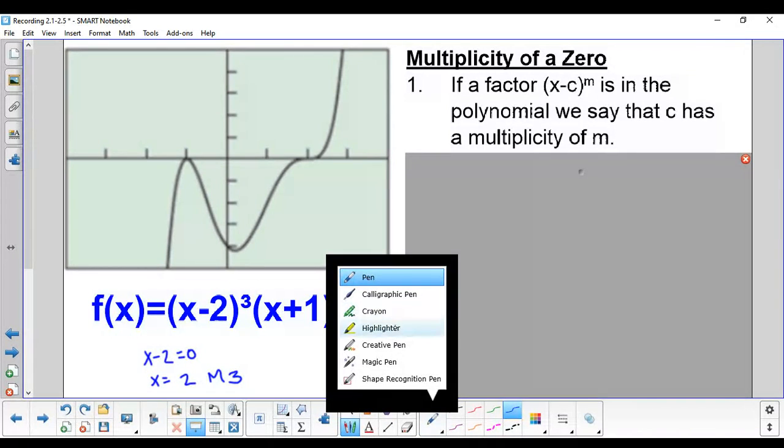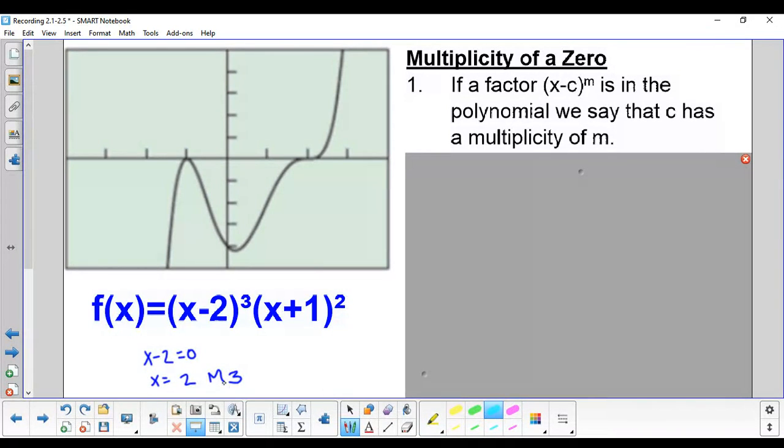The reason that has a multiplicity of 3 is because the exponent on that factor was 3. Now on our graph, this is showing up right here. It's crossing at the value of x equals 2. And notice it's not just going straight through like we saw in the previous problem. It's kind of pausing there.